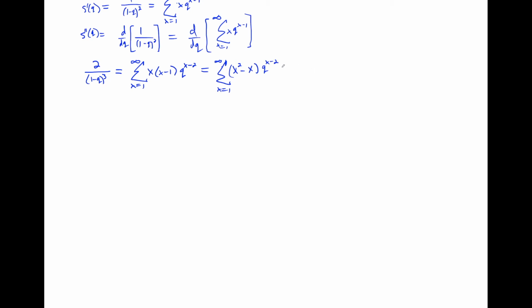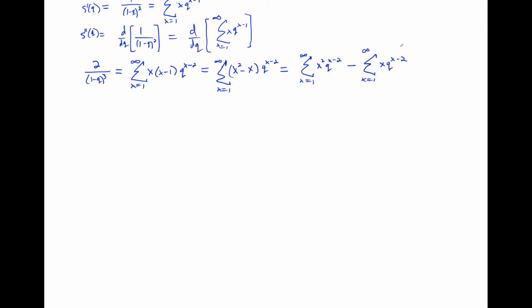Now, if we further carry out this multiplication, we have the infinite sum, x goes from 1 to infinity, of x squared q to the x minus 2 power minus the infinite sum, x goes from 1 to infinity, of x times q to the x minus 2 power.